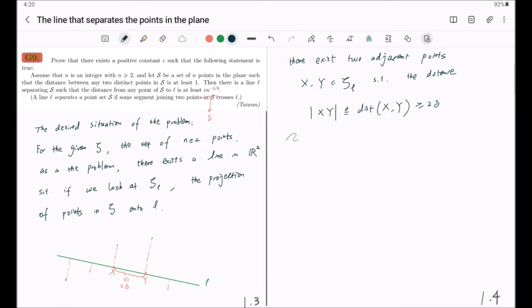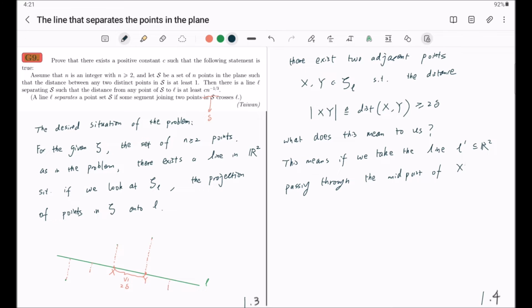Now, what does this mean to us? This means if we take the line L prime in R2 passing through the midpoint of the line segment XY and perpendicular to L. In this picture, if we take this blue line to be L prime, it's perpendicular to this L and passing through the midpoint of X and Y. Then every point in S will have distance to this L prime at least delta.